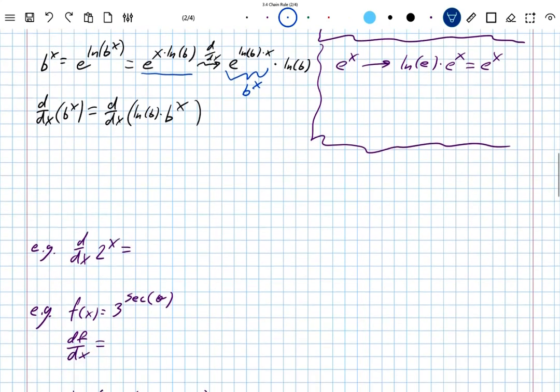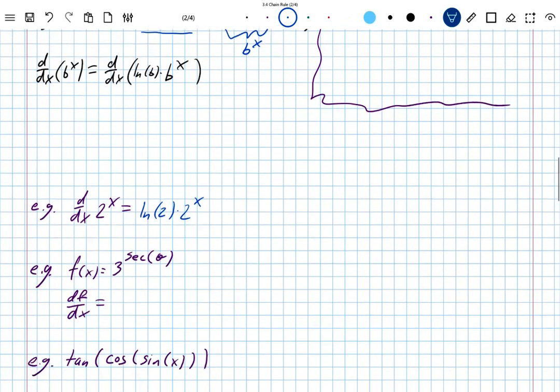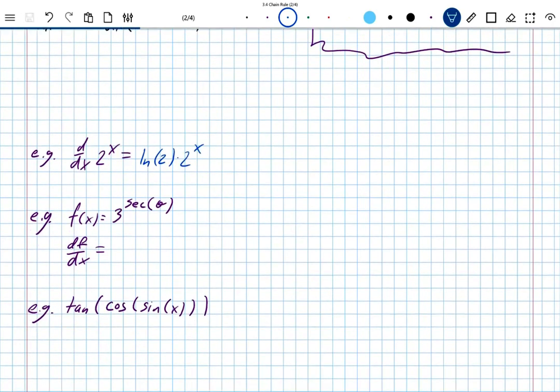All right, let's do a couple of examples. d dx of 2 to the x should go pretty fast. This is just natural log of 2 times 2 to the x. That natural log of 2 is a constant, so it's a constant times my original function, 2 to the x. Let's do a bigger one, 3 to the secant of theta. If I take that derivative, well, this looks like a chain rule kind of problem here. I have an inner function and an outer function.